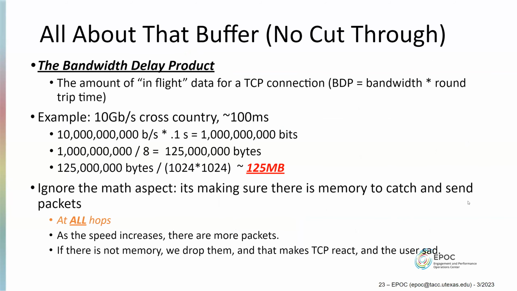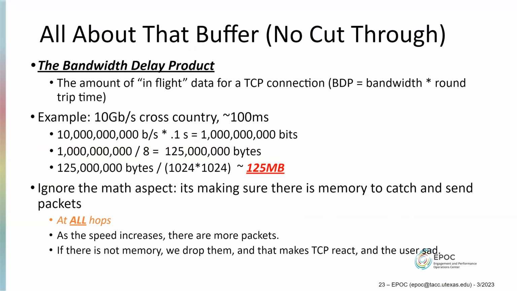So how much buffer do you need? Well, the answer is it depends, like everything. But some quick math says that if you're trying to go from New York to California and you want a 10 gig capable path, you're going to need 125 megabytes worth of buffer on each connection port. So if you're connecting one 10 gig setup, that port has to have 125 megabytes of buffer available to it.